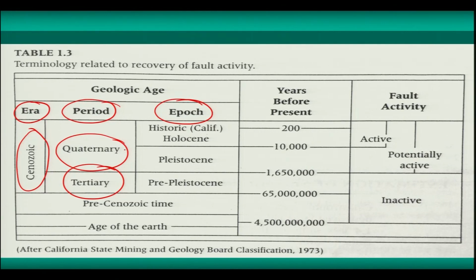Coming to the Quaternary period, of course, a lot of climatic fluctuations were observed during the Pleistocene epoch, and then coming to the Holocene epoch, which ranges up to 10,000 years, if any activity has taken place along a fault during that period, then we term that an active fault.